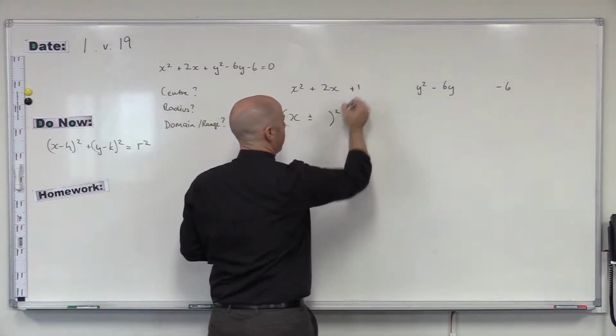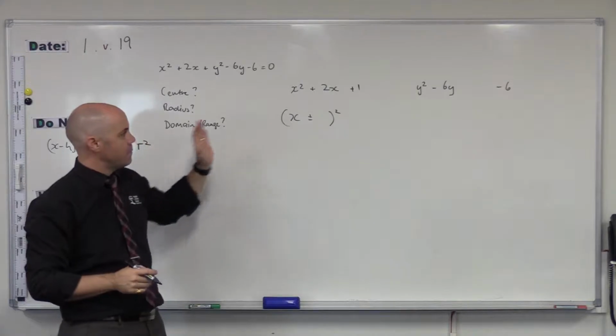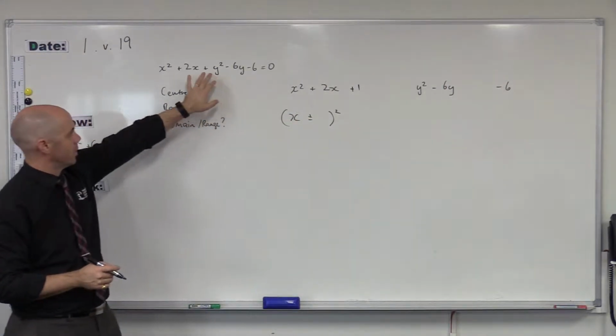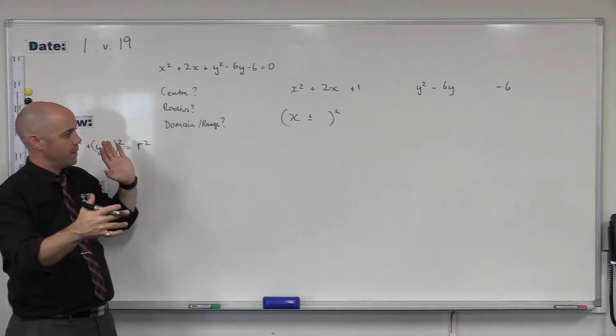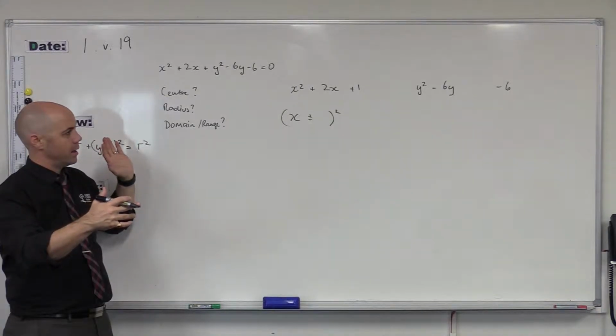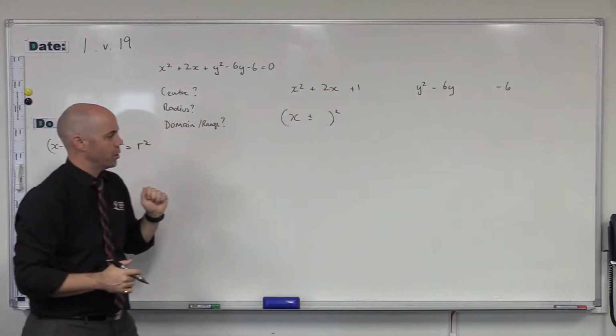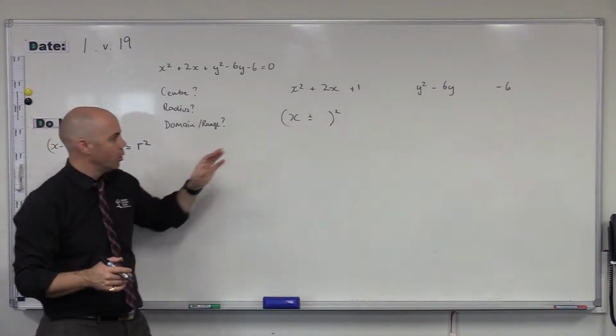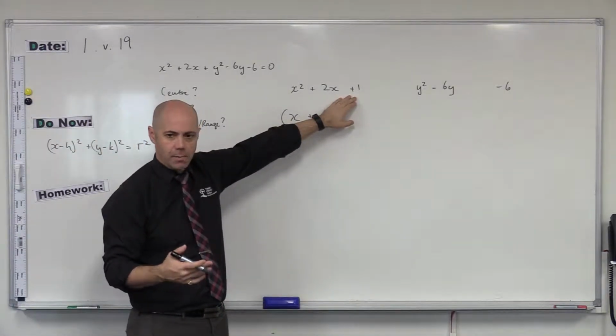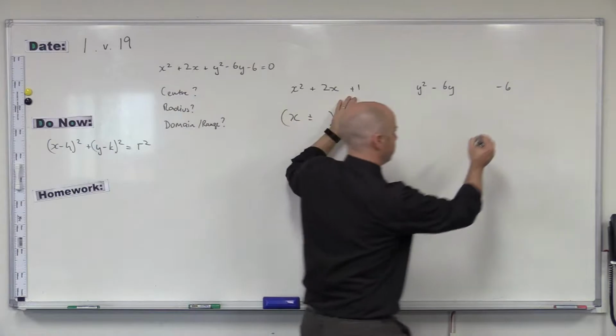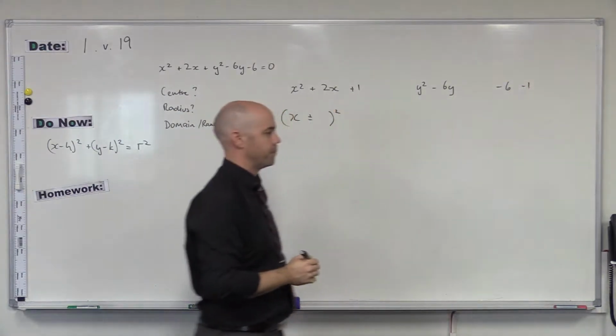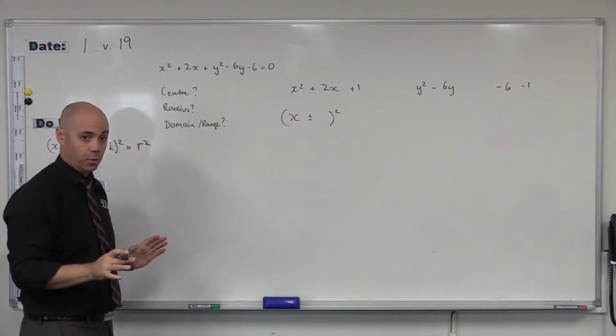So we add a 1 there. But if we want to keep the left-hand side equal, I've added 1, so what do I have to do to keep it equal? Minus 1. That keeps it equal.